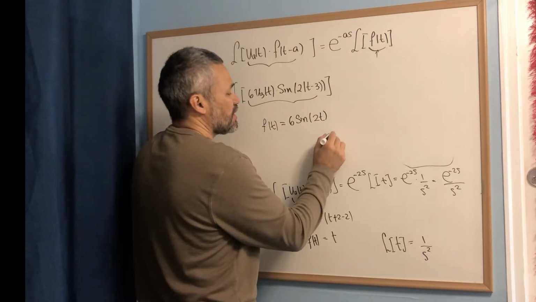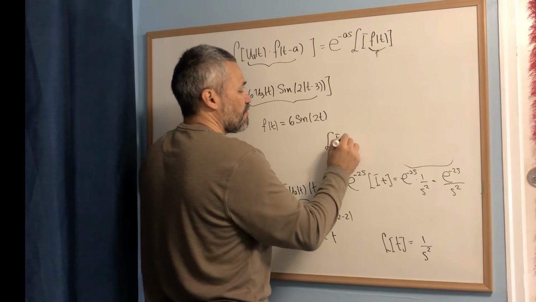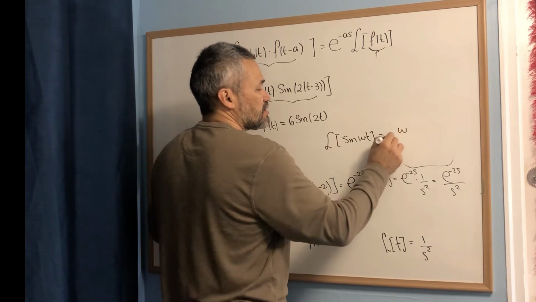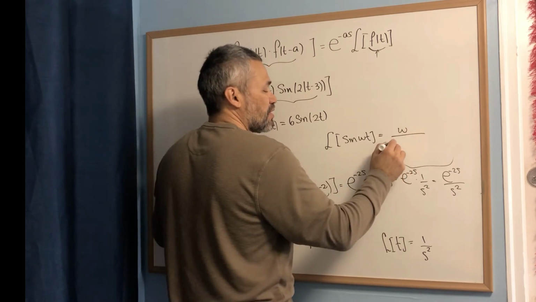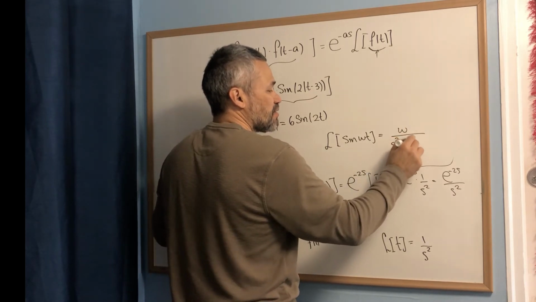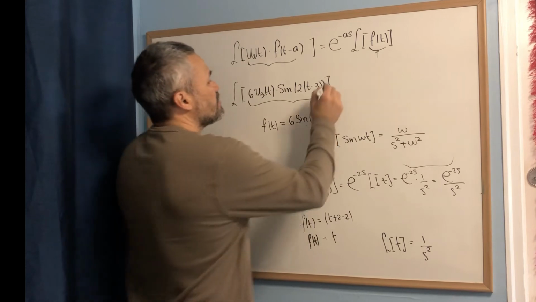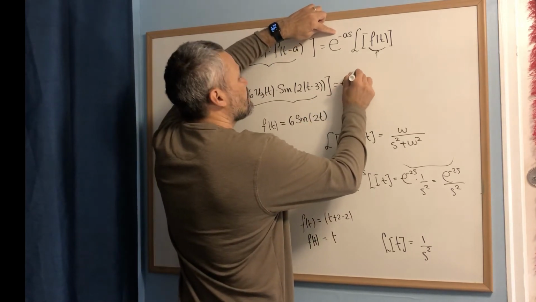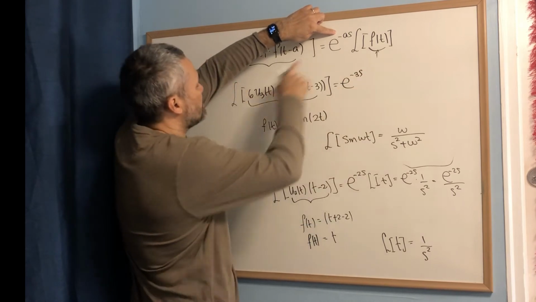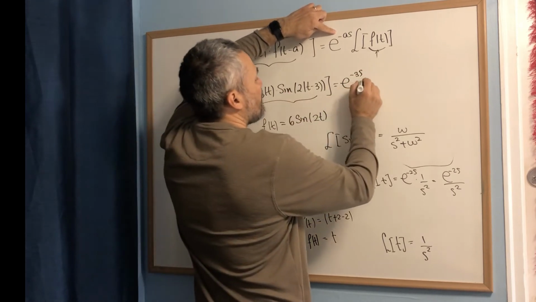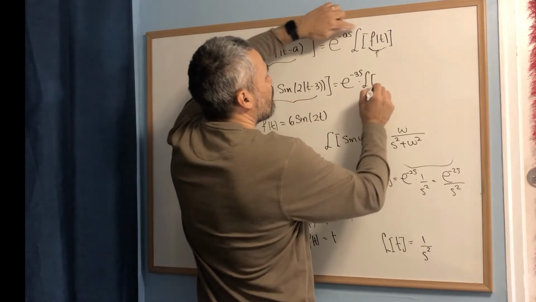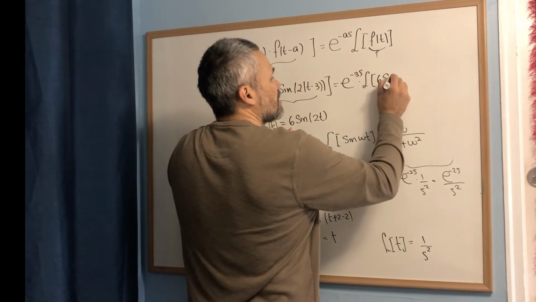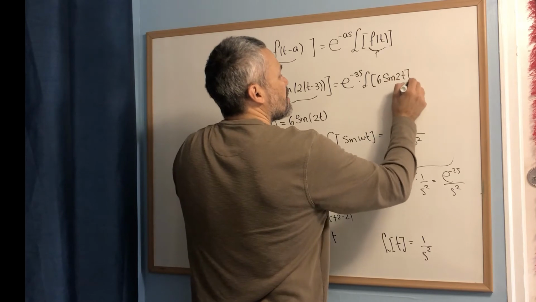But remember that the Laplace transform of sine of omega t is omega over s squared plus omega squared. Then we get that this is e to the negative 3s, since a is 3, times the Laplace transform of the original, but the original is 6 times sine of 2t.